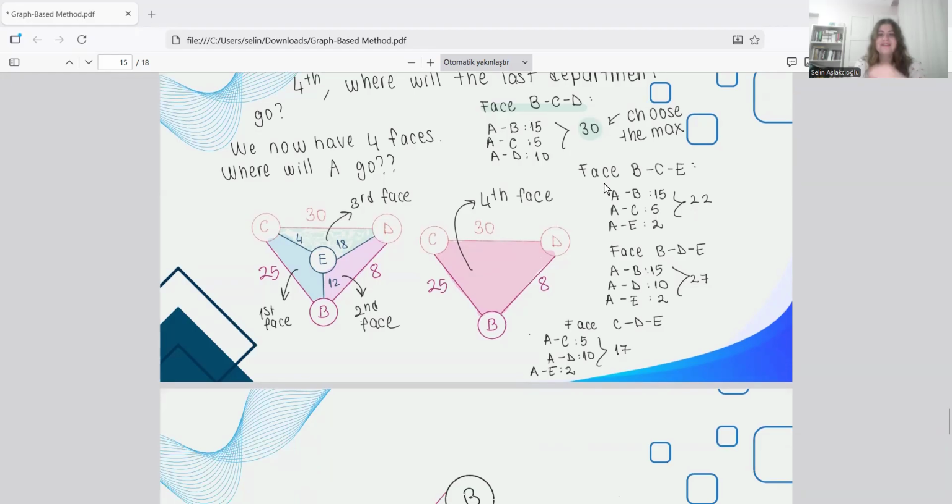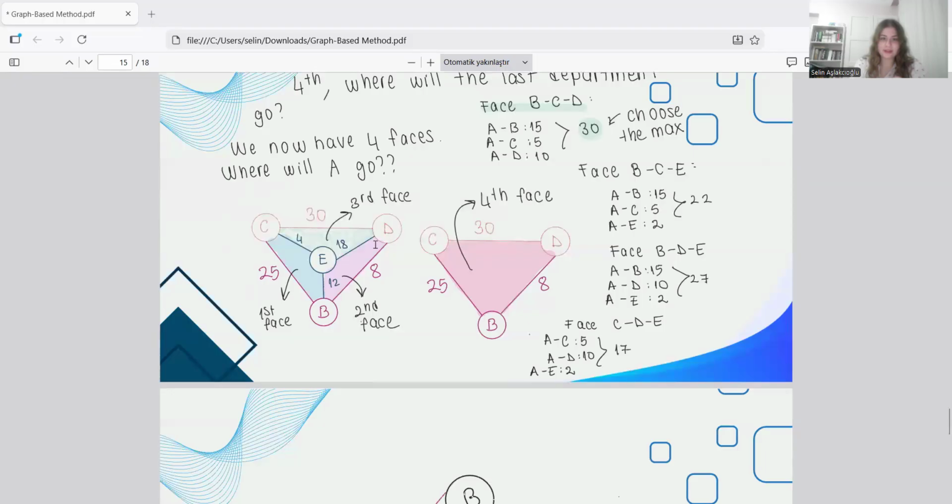Ignore this part for now. Face B, C, and here, right here, this face. So are we going to place A here? Let's see. So A and B is 15, A and C is 5, A and E is 2, their sum is 22.